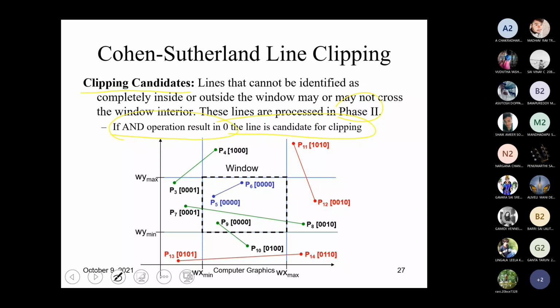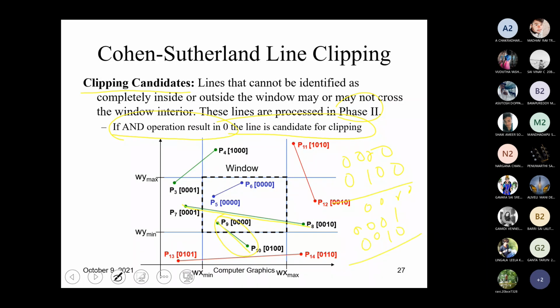So just take the next value. Which one should you clip? You have to find out, right? Take this value: 0 0 0 0 and 0 1 0 0. Anyone can tell what you will get? All the values are 0 0 0 0, right? So this is a clipping case. You have to consider this for clipping. Are you understanding? Even this point, take it: P7 P8, 0 0 0 1 and 0 0 1 0.